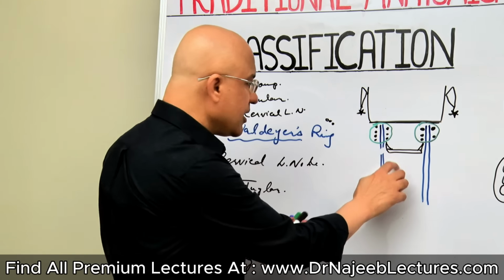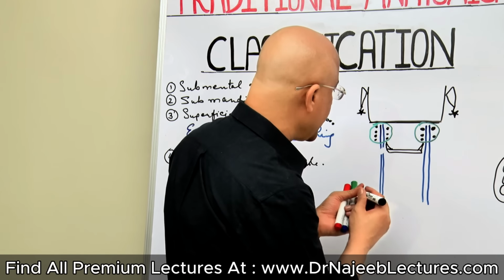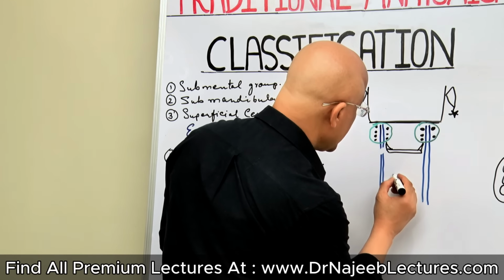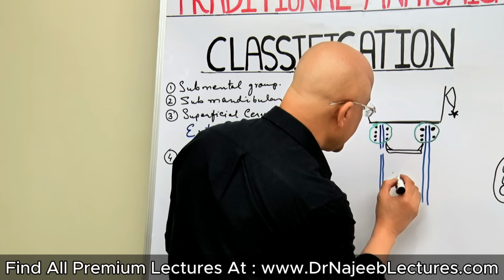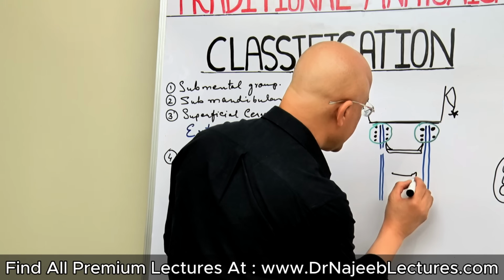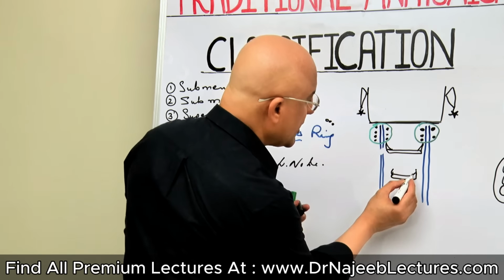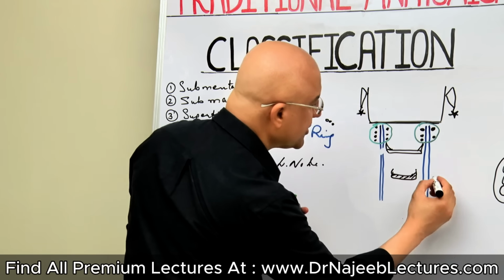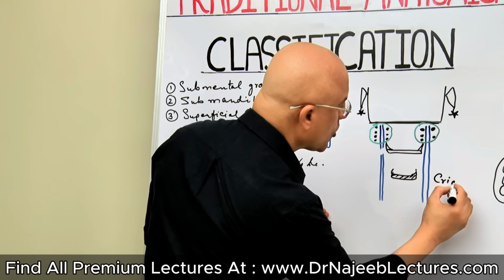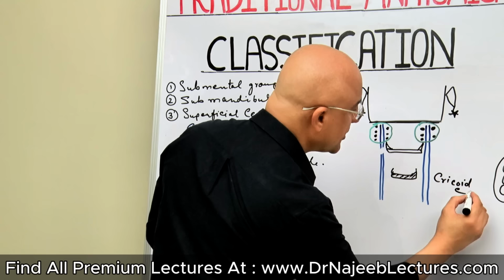Then from here to the cricoid cartilage. Cricoid cartilage is here, this is a ring, basically part of the larynx. I will write cricoid cartilage.